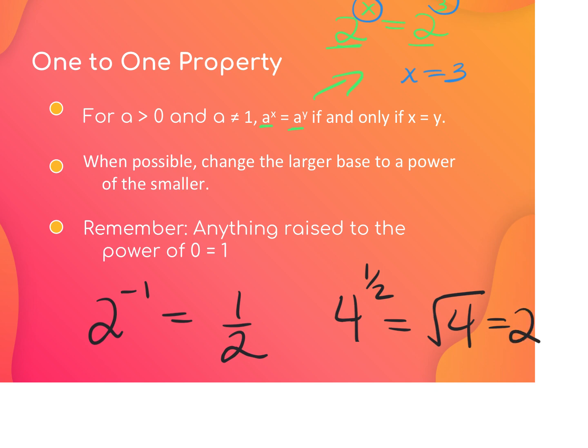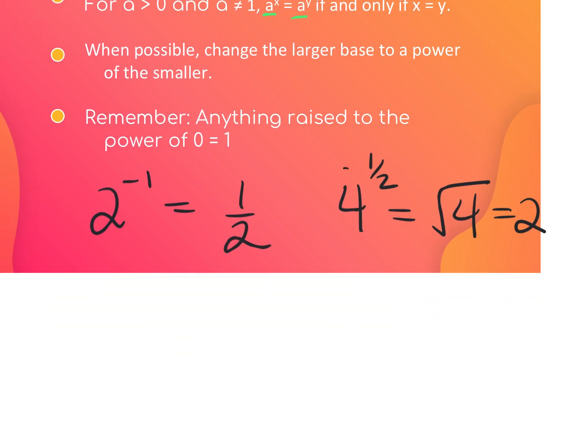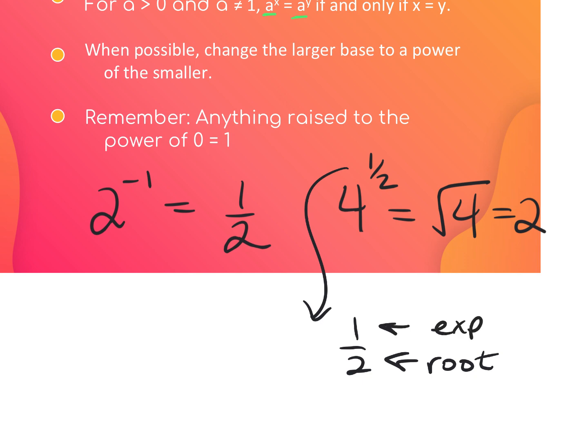So remember, rational exponents are roots, and negative exponents turn it into a fraction. Also remember, in the fraction here, the denominator is the root you're finding, and the numerator is the exponent. So if that were a number other than 1, after you find the root, then you'd have to raise it to that power. So let's go ahead and try some examples.